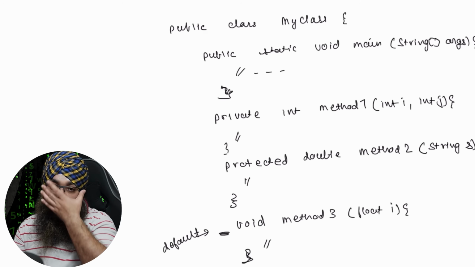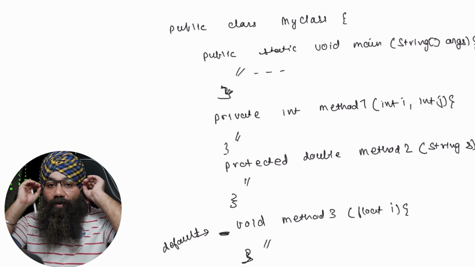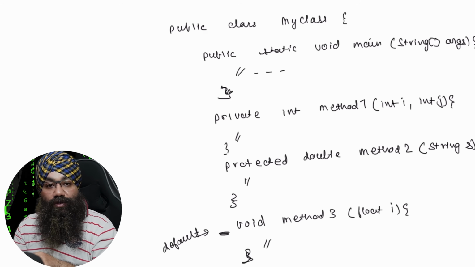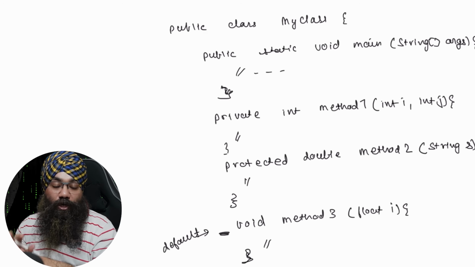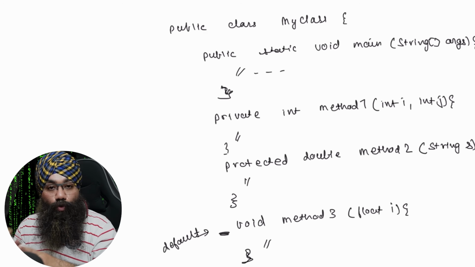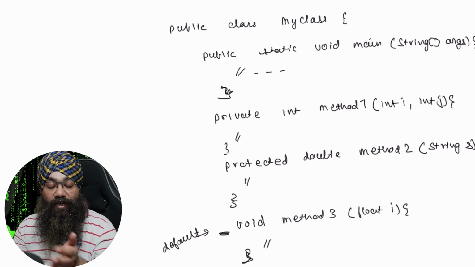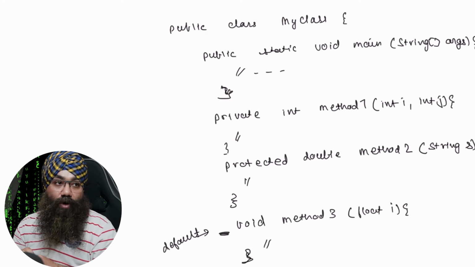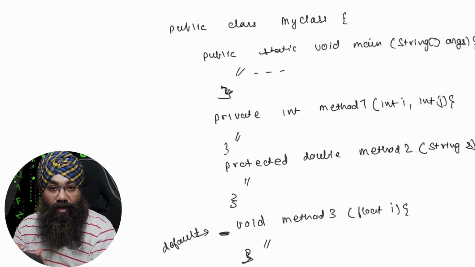If I have 10 classes and 50 methods, how do I decide which method should go in which class? For this, we will learn OOPS, object-oriented programming system concepts, in the next chapter, which will give us some basic rules. But for now, this is how we structure and write our classes.